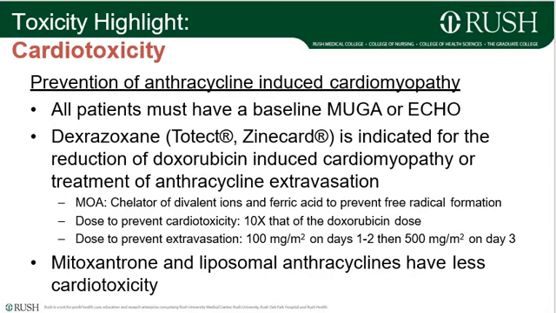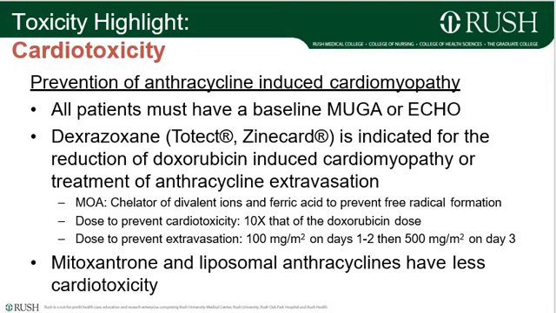So you can somewhat prevent some of these anthracycline-induced cardiomyopathies. Of course, you must give all patients some baseline cardiac imaging to make sure that the heart is relatively strong and capable of withstanding these drugs. You can also co-administer something called dexrazoxane, which is indicated specifically for the reduction of doxorubicin-induced cardiomyopathies.